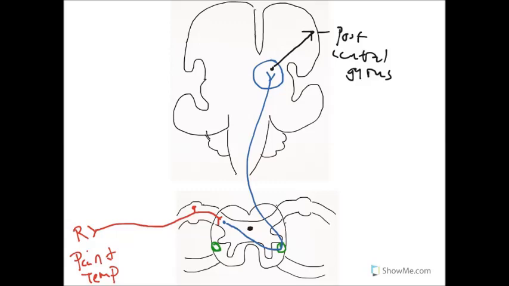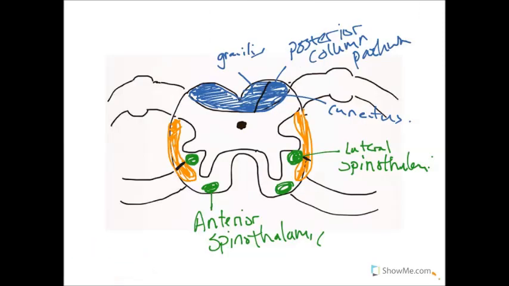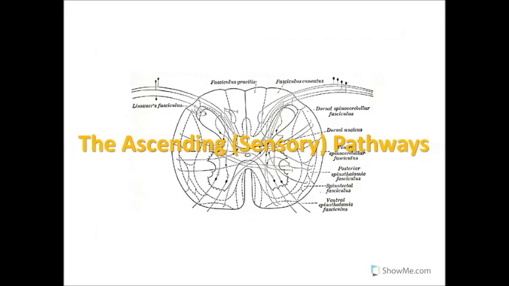So I really hope you found the video helpful, walking you through the pathway and some things about it. I know my drawings aren't always the greatest, but I really hope that it helped you to visualize.